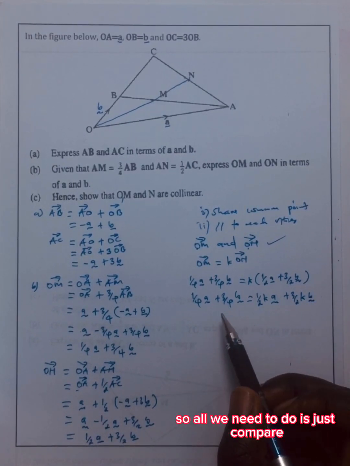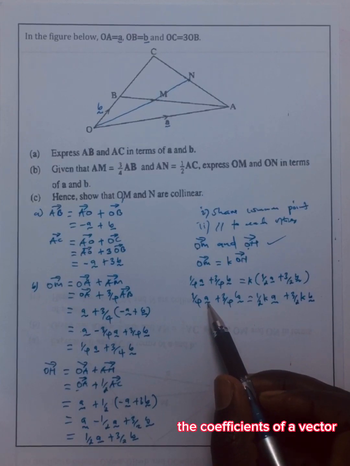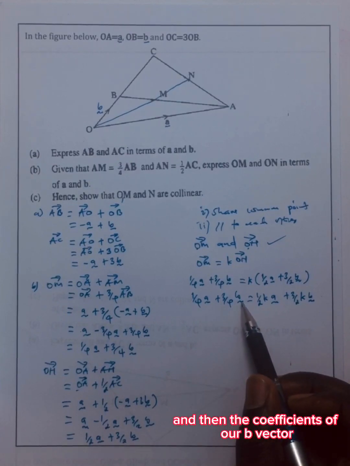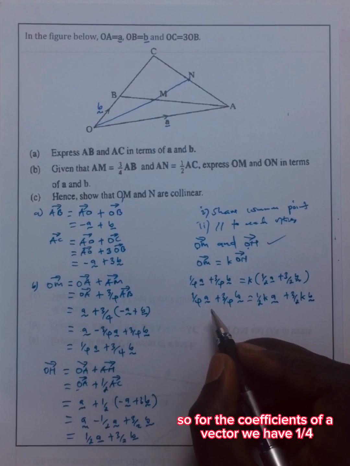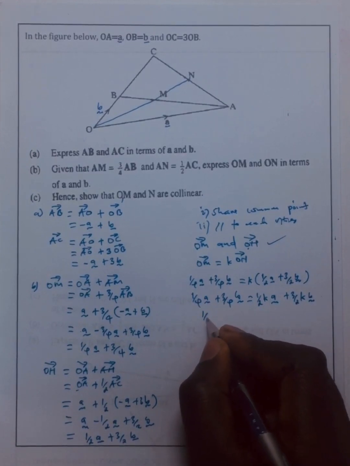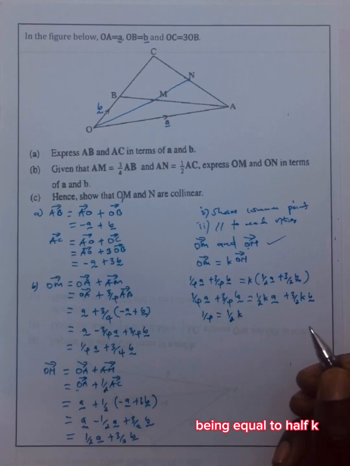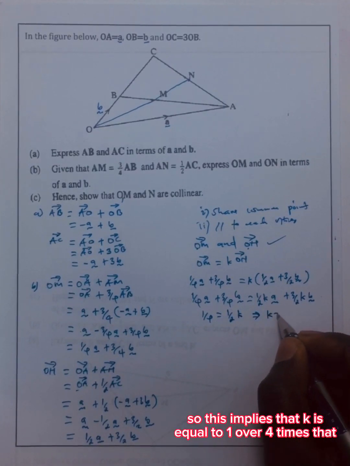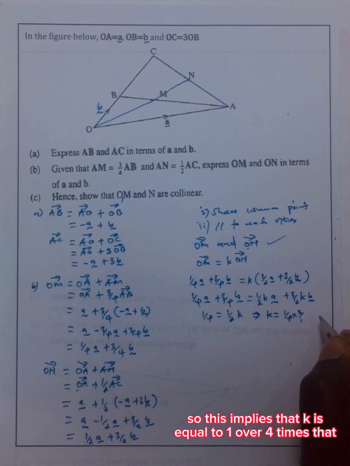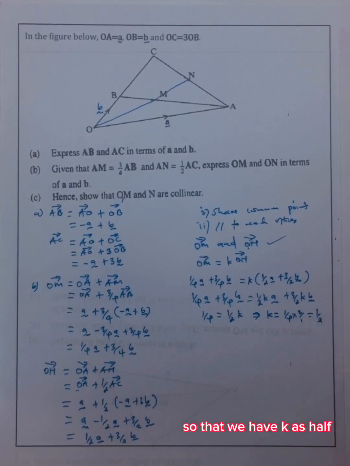All we need to do is compare the coefficients of vector A and then the coefficients of vector B. For the coefficients of vector A, we have a quarter being equal to half K. This implies that K is equal to 1/4 times 2, so K is half.